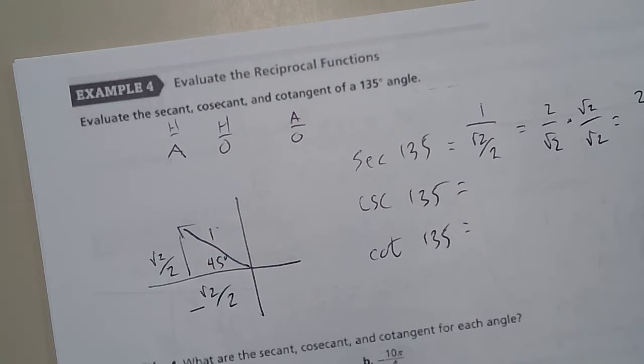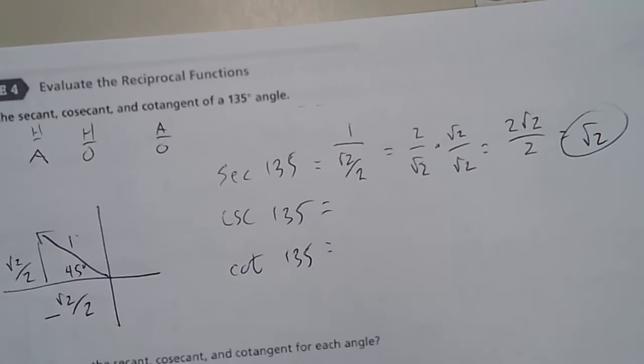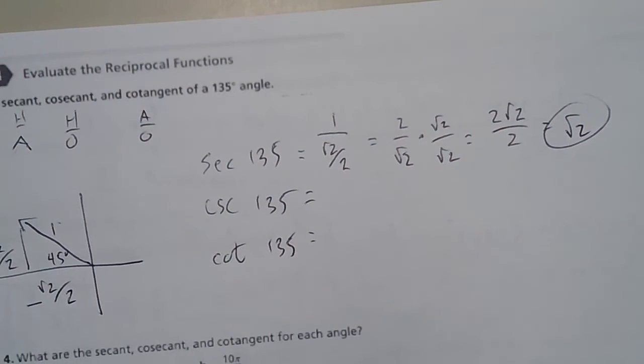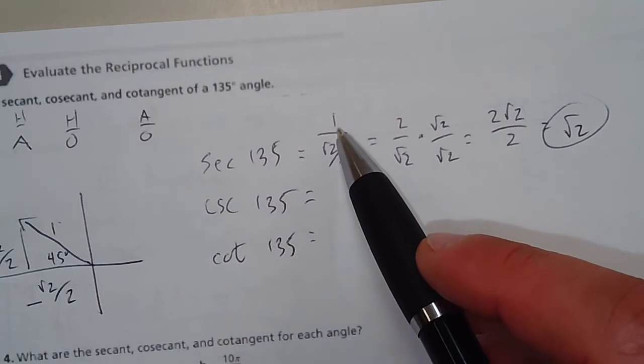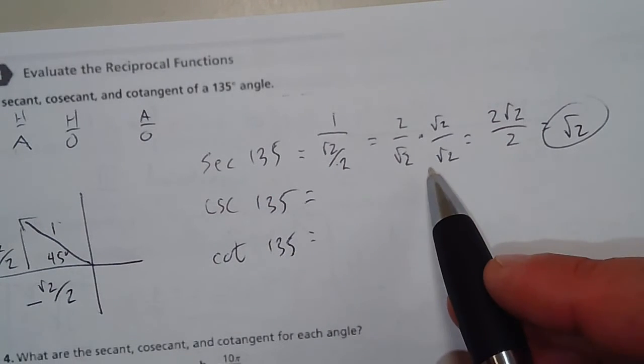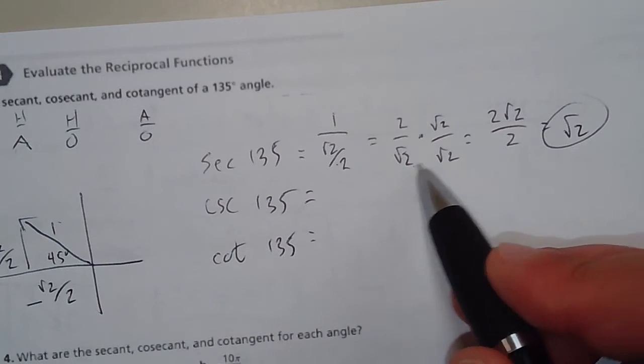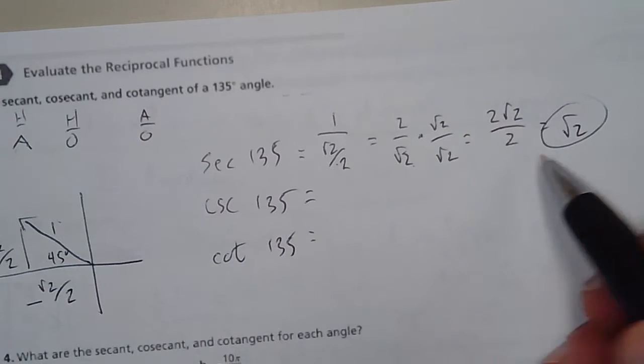Okay, so this is going to be 2 root 2 over 2, which is just root 2. So anyway, we write it as hypotenuse over adjacent, simplify this down by just flipping it over, rationalize the denominator, and simplify by eliminating the 2's.